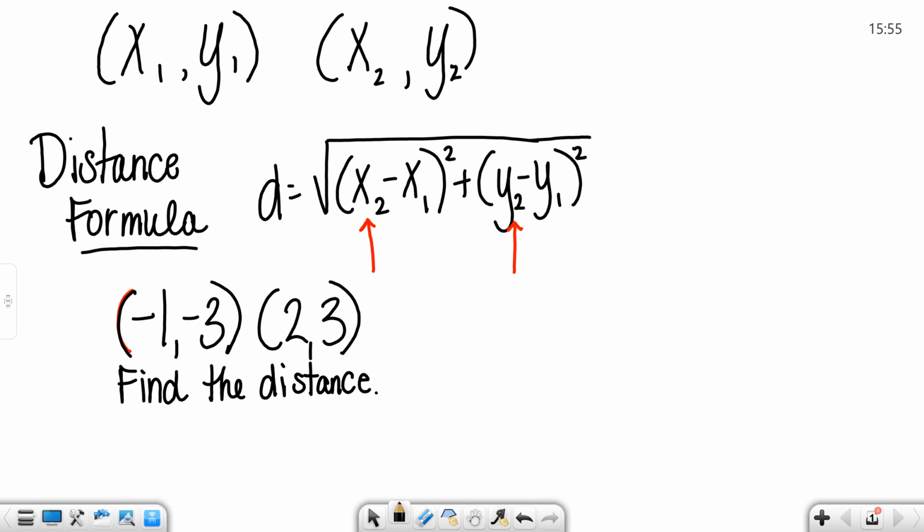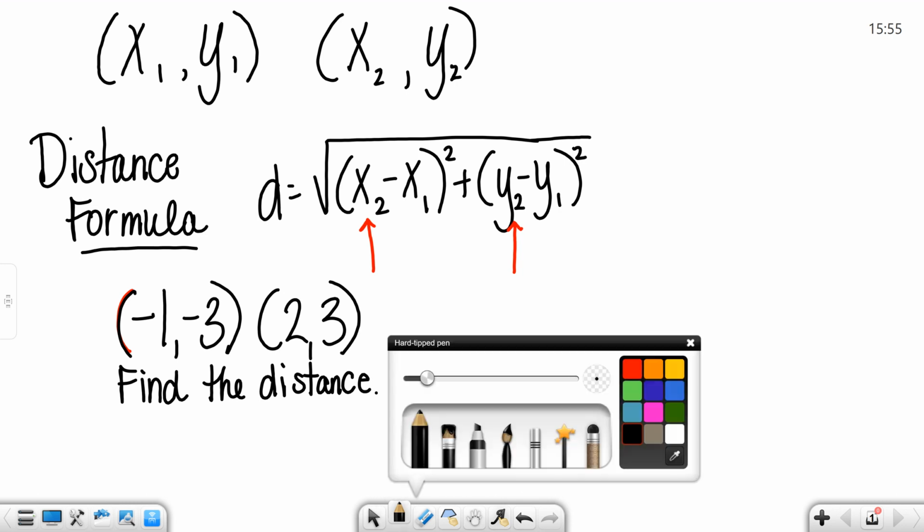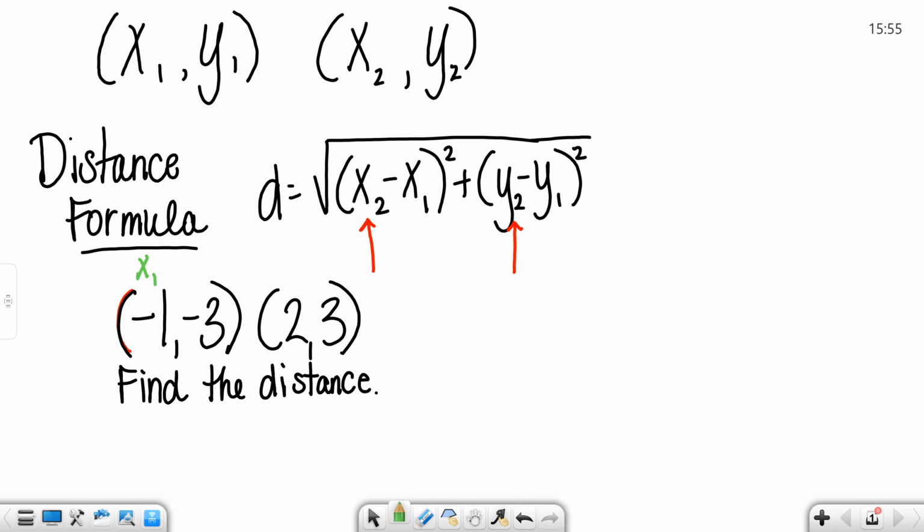So if I were you, the first thing that I would do would be label my ordered pairs. I'm going to let this be x1 and y1. The ones go together. This is going to be x2 and y2. Now put them in the formula where they belong.